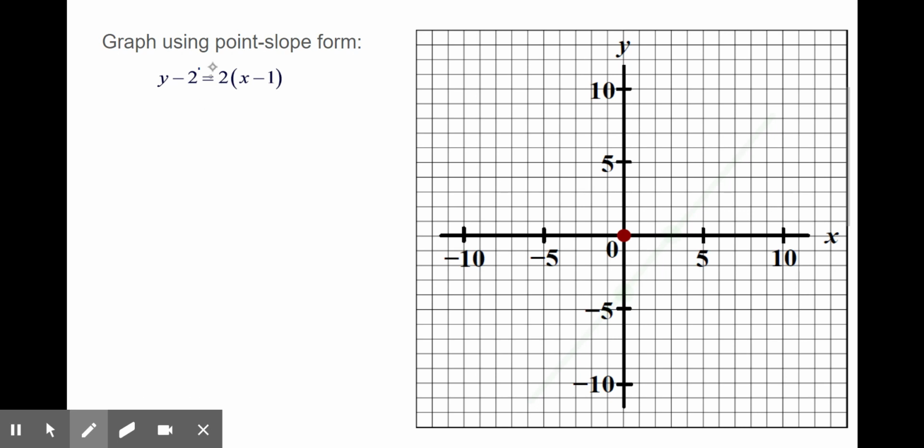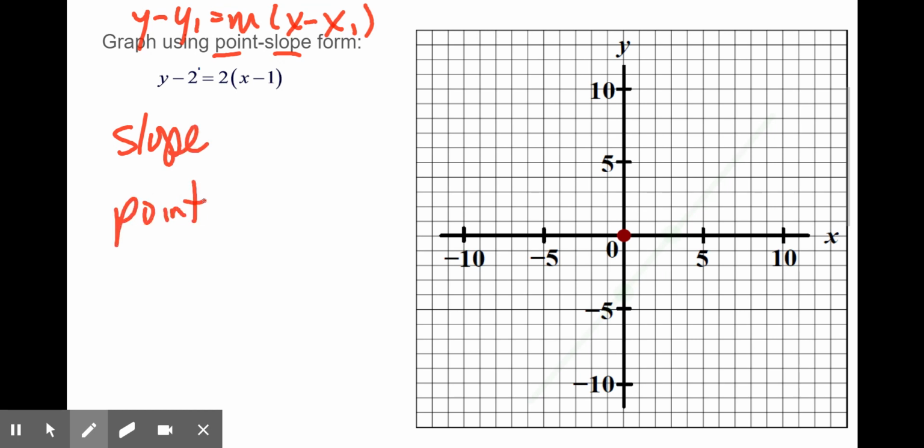If you remember, point slope form is y minus y1 equals m times x minus x1. We need two things to graph this line, and we can get two things from point slope form. We can get a slope, and we can get a point that's on the line. My slope appears right here, right before the parentheses.